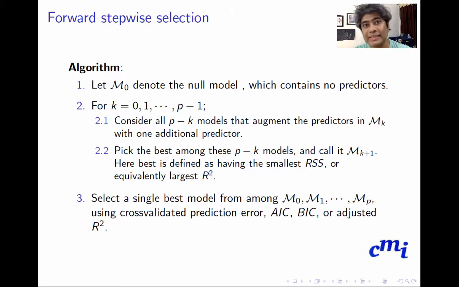Suppose now you choose x7. Then in the next iteration x3 and x7 will be there no matter what, and you will choose among the rest of the predictors. So that's how it goes. That's why it's called forward stepwise selection, and the rest of the things go exactly the same as best subset selection.